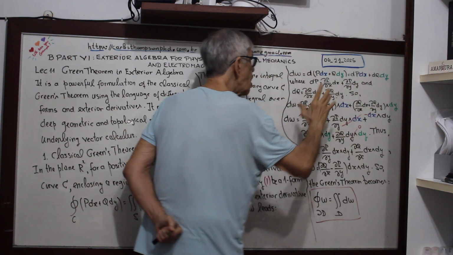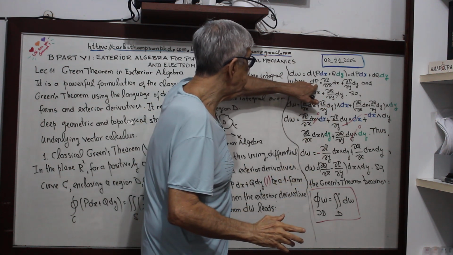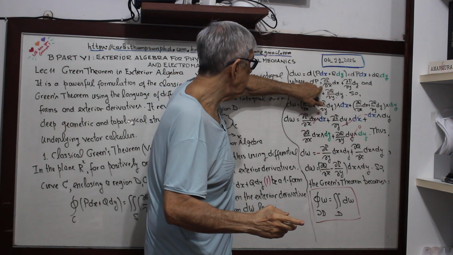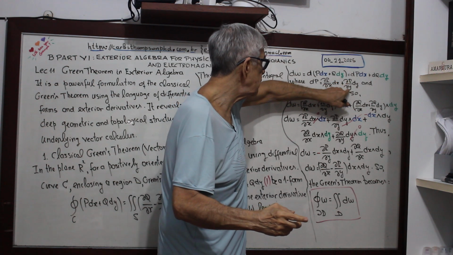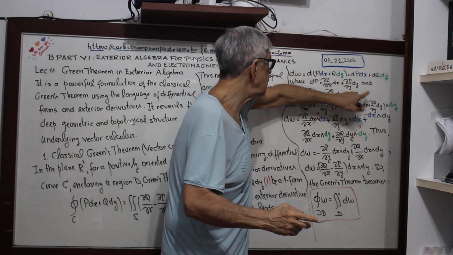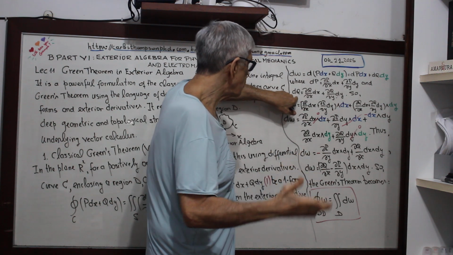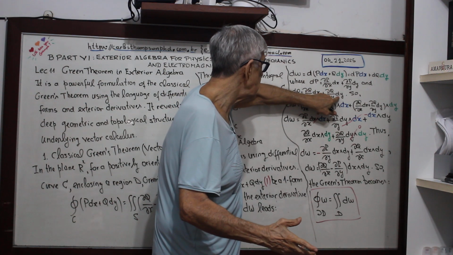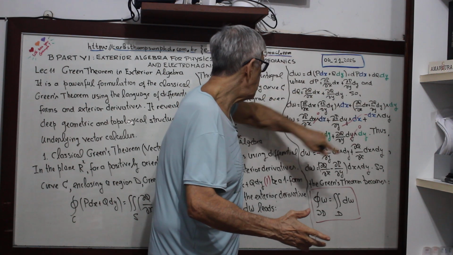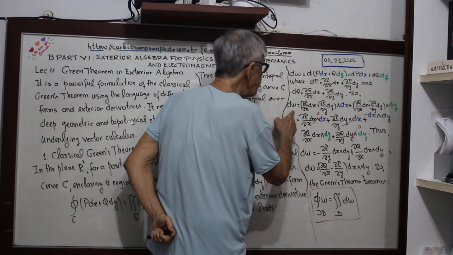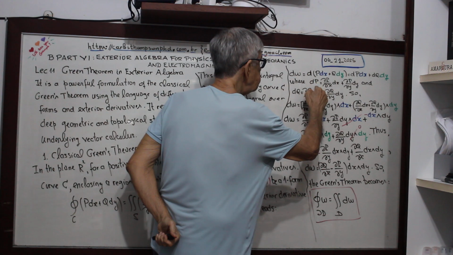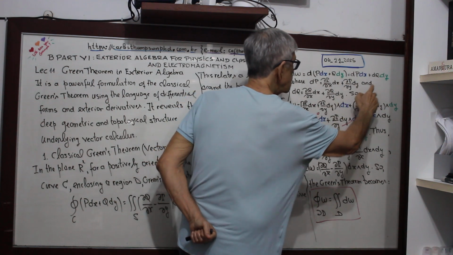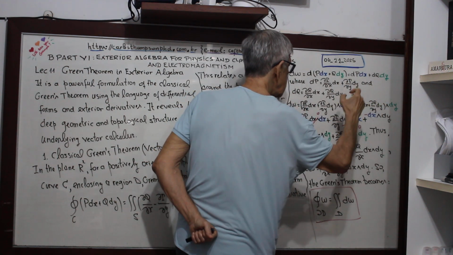Now I can express dP as a one form: partial P partial x dx plus partial P partial y dy. And dQ is analogous: partial of Q with respect to x dx plus partial Q with respect to y dy. So for d omega, I just plug dP over here and dQ right there.